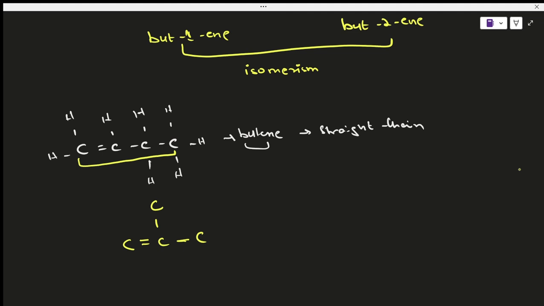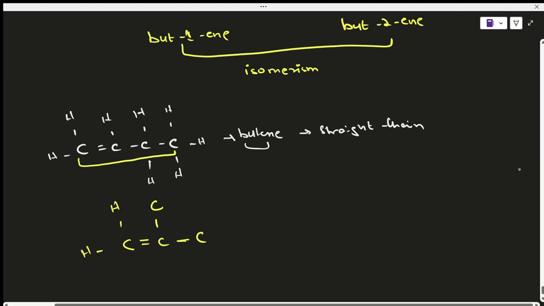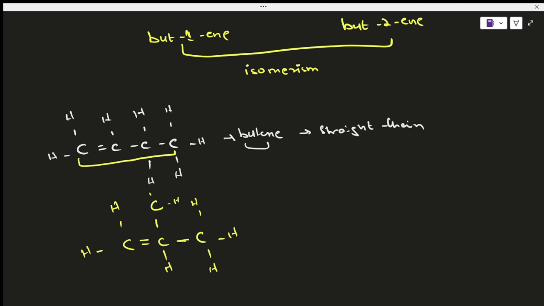So now this is 1, 2, 3, and 4. So this is your branch chain isomer, right?